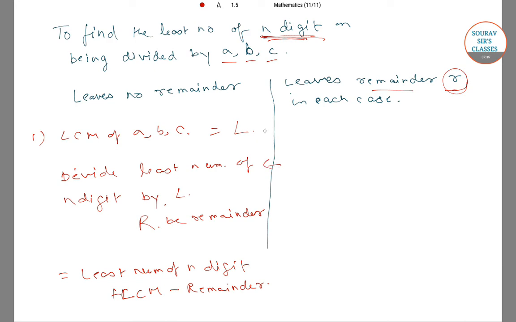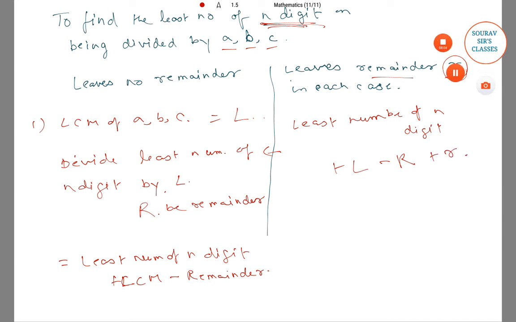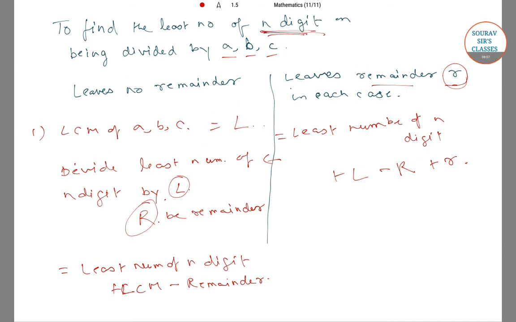We find the LCM, then we divide the least number of n digits by the LCM and take the remainder R. Then we find the answer as the least number of n digits plus L minus R plus small r. So this will give the answer, that is the least number of n digits which on being divided by A, B, C will give the remainder r in each case.